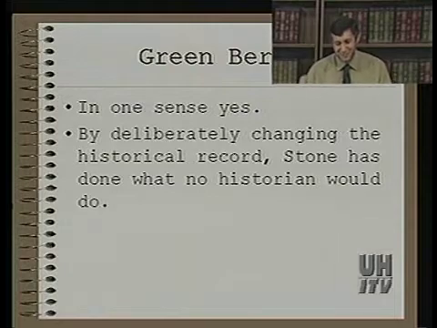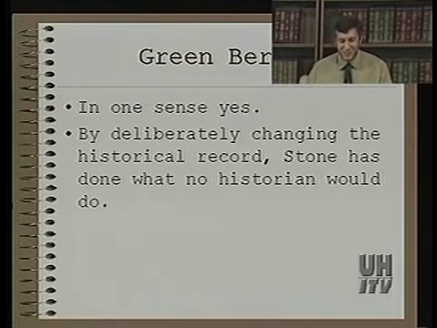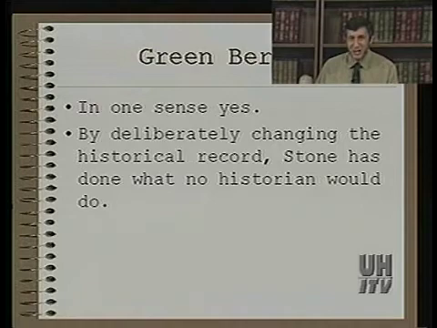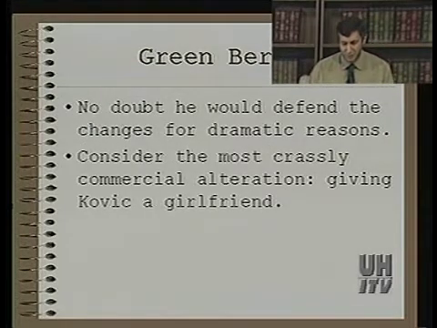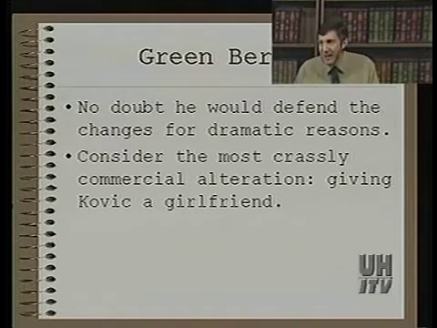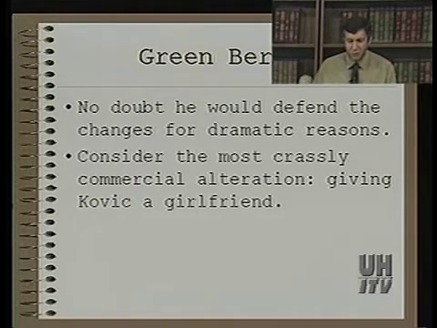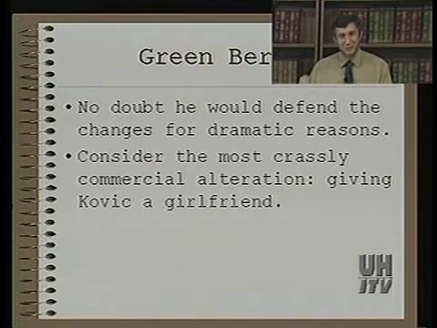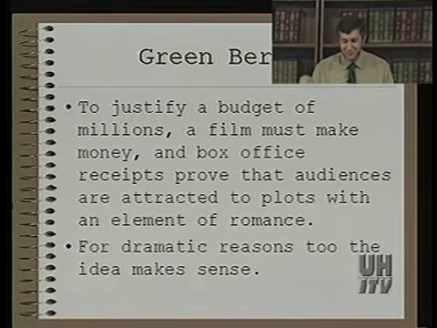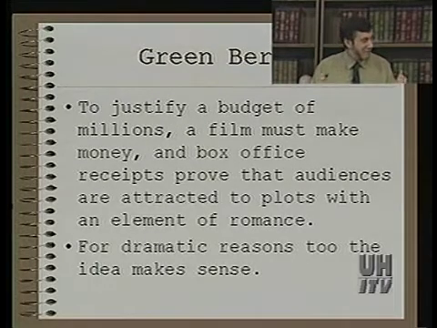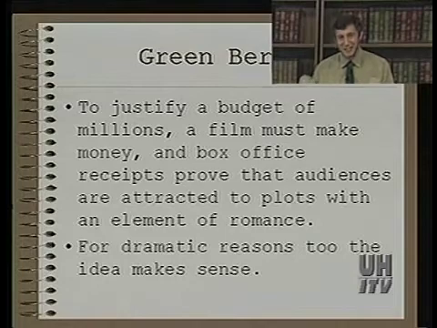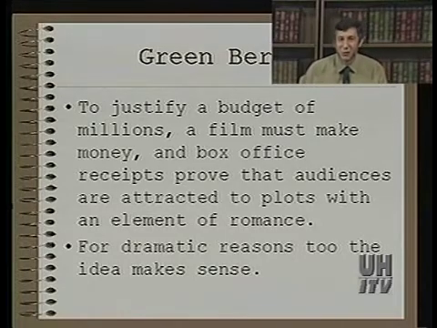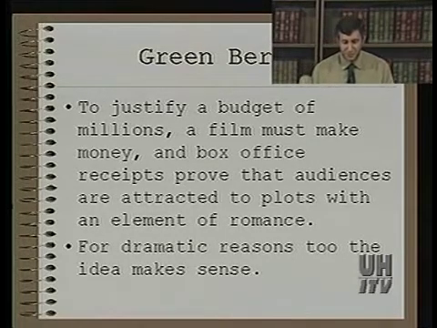Interesting. By deliberately changing the historical record, Stone has, of course, done what no historian would do. No doubt, he would defend this on dramatic grounds. Consider the crassly commercial grounds. For example, you give Kovic a girlfriend, and then you have the elements of romance in the movie, and that draws people in.